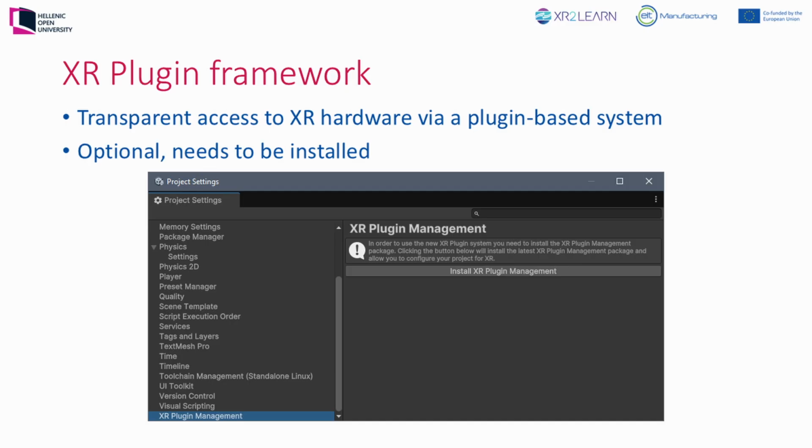This will result, among others, in additional settings available under Project Settings, the XR Plugin Management package installed in the Package Manager, and a folder under the project's assets, titled XR, containing essential assets for the operation of the framework. Additionally, a new main menu entry, titled XR, is available, as well as an option, also titled XR, in the editor's scene hierarchy context menu.